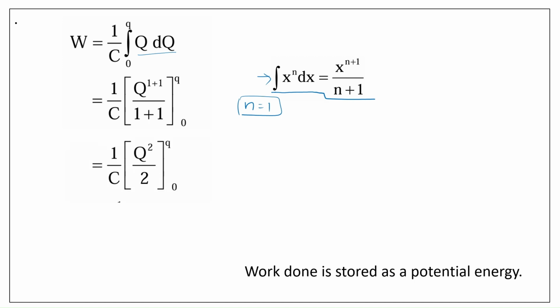That can be written as W is equal to 1 by C into q squared by 2 from 0 to q. On taking 1 by 2 outside, W is equal to 1 by 2C into (q square minus 0). Finally we get W is equal to q square by 2C.